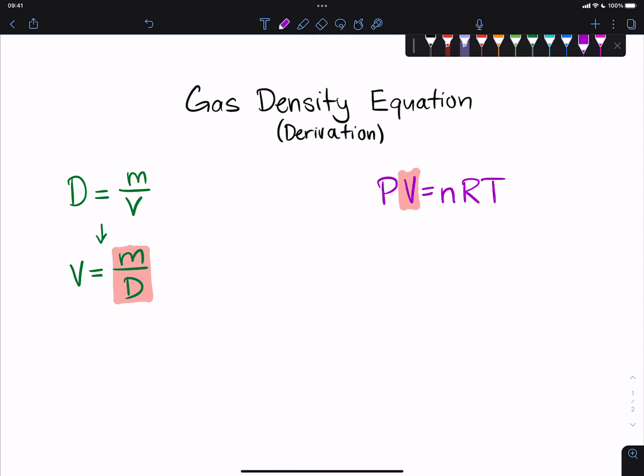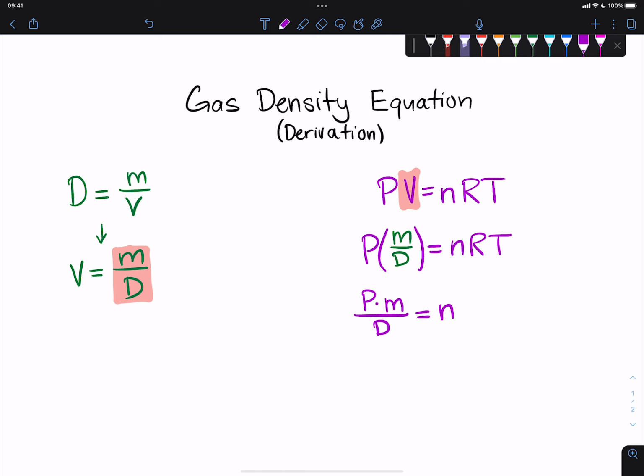That'll give us P times, and then inside we're going to put mass over density, is equal to nRT. Now, the rules of math, associative properties, and all that stuff basically say we could rewrite this as P times M divided by D equals nRT.